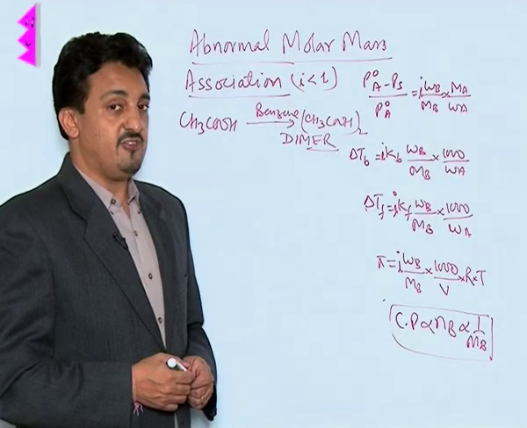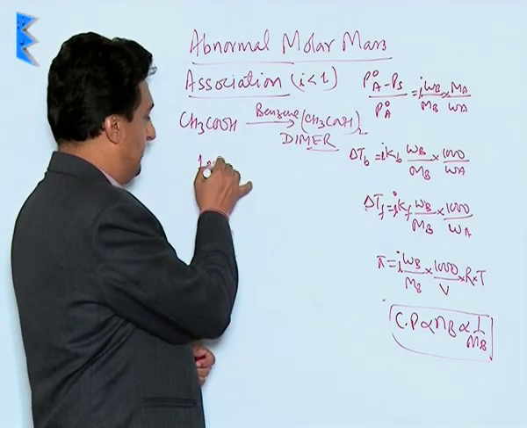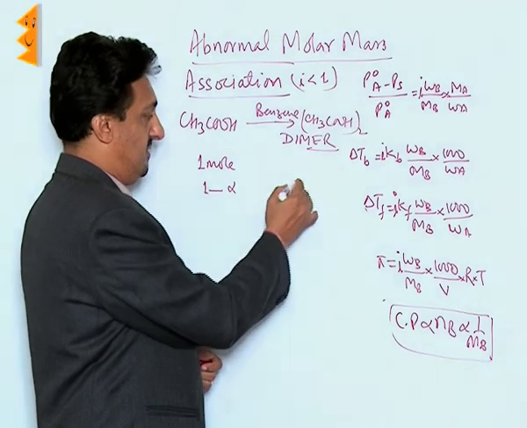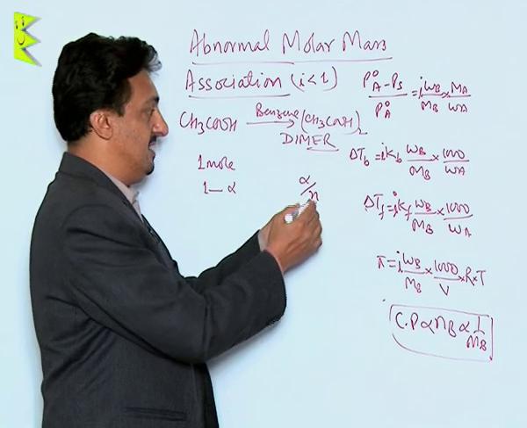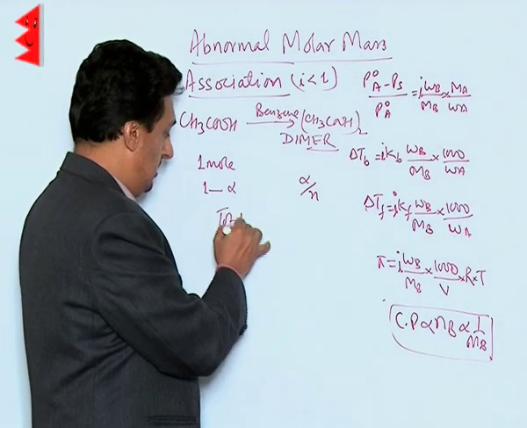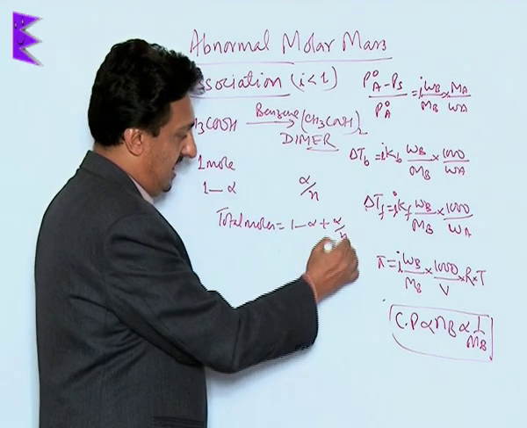Now if the association is not 100%, we can make out like this. If we have taken 1 mole of this and alpha moles of this associates, the moles of the product formed are alpha by n, because n is the number of moles associating. So the total moles will be 1 minus alpha plus alpha by n.